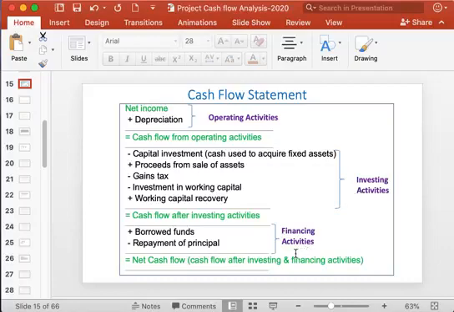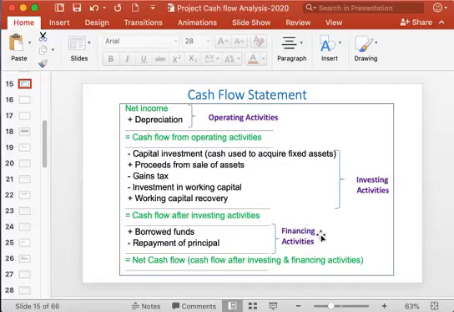Now we will move further and talk about preparation of income statement and cash flow statement when we have financing activities.